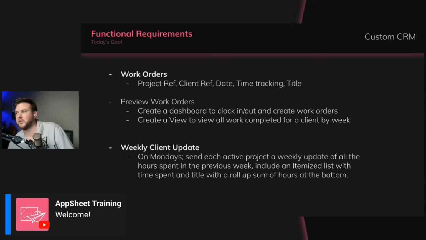It's going to be an itemized list of all the work orders that were submitted that previous week. Those will include the title of the time card, as well as the amount of hours spent on it. And then we want a roll up at the bottom that says the sum of the total spent.